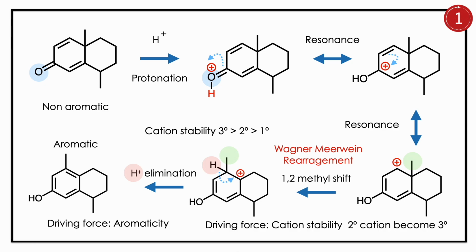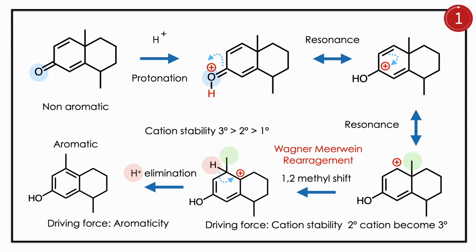The conjugation in the system promotes the traveling of charge. So the charge travels, and the cation forms near the methyl group. The secondary cation becomes tertiary by the methyl shift. So stability occurs. The cation forms near the bridged carbon. Then the cation is quenched by hydrogen shift.